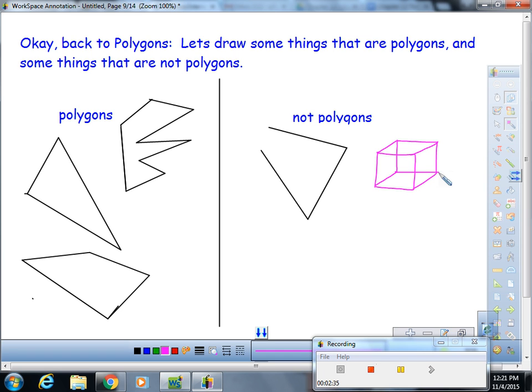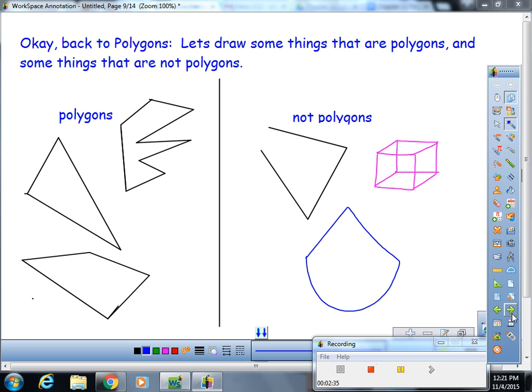It's made of segments. They only intersect at the vertices, but that is not a polygon because it's not a plane figure. What about this one? Not a polygon because it's not made of strictly segments. Hopefully that gives you an idea of what a polygon is.